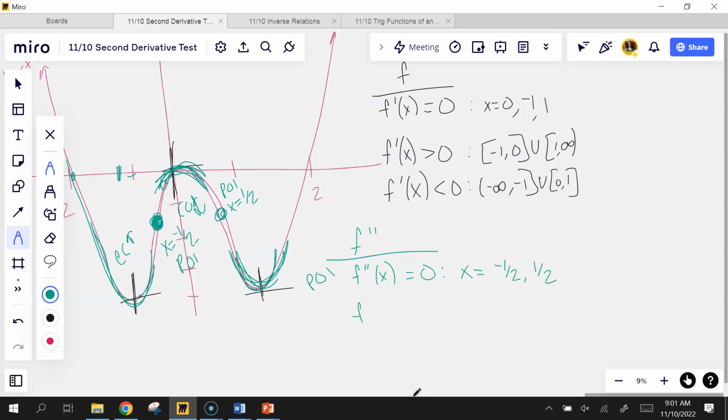Where is the second derivative positive? Say it again. Negative infinity to negative 1/2.